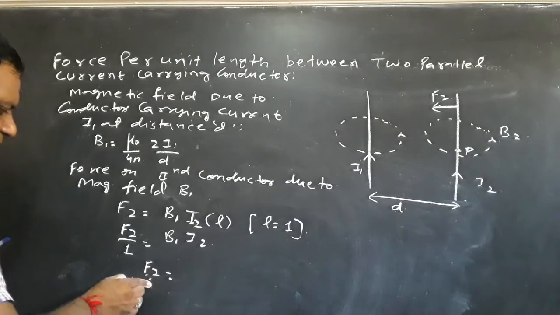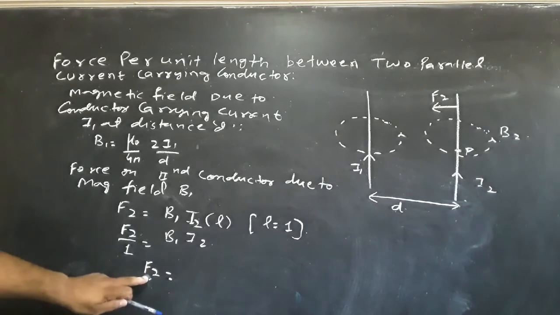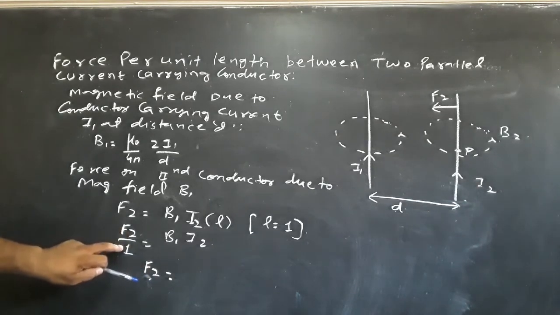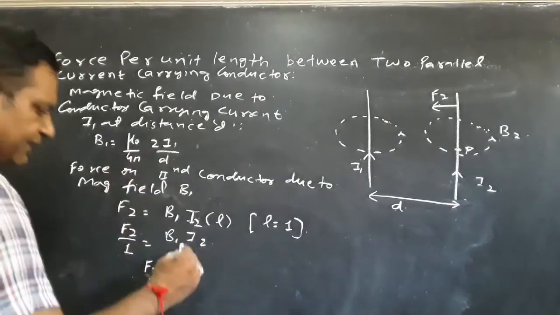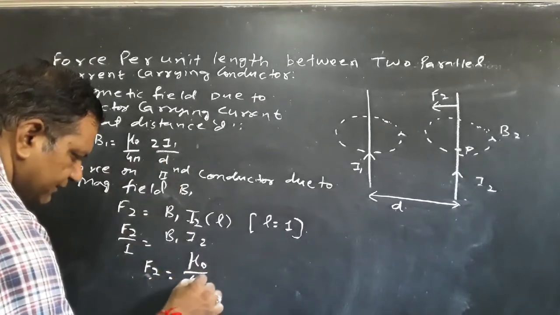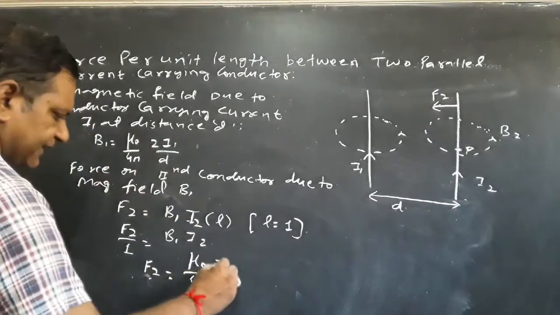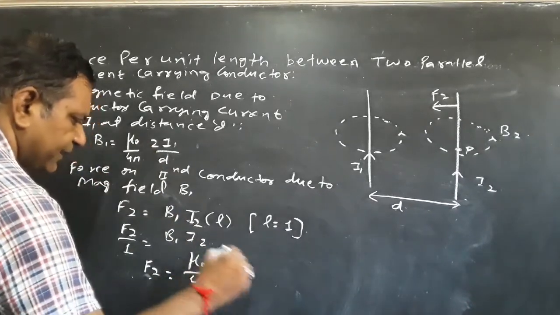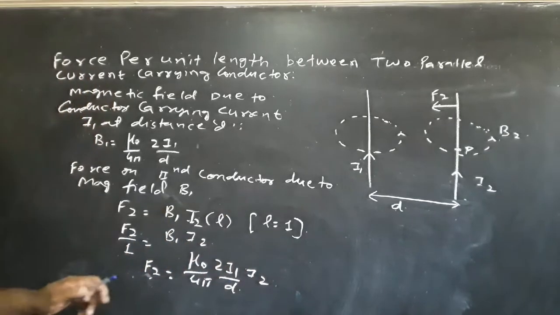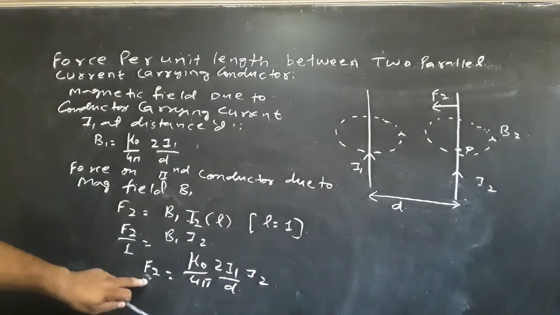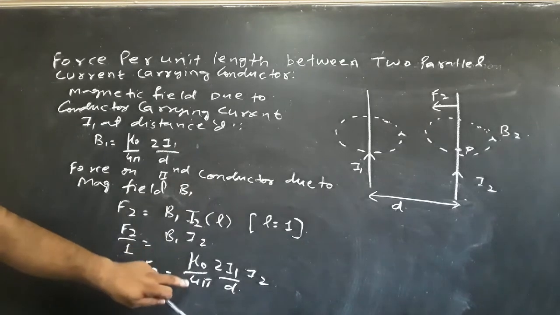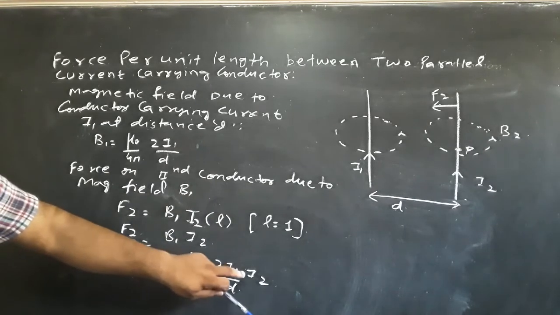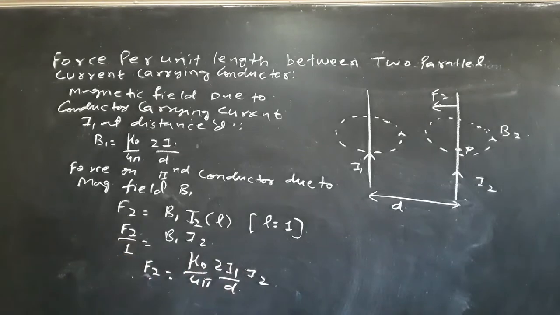This F2 is called force per unit length. Value of B1 is mu naught upon 4 pi into 2 I1 upon D, into I2. So the magnitude of the force per unit length on the second conductor, F2, is equal to mu naught upon 4 pi into 2 I1 I2 upon D.